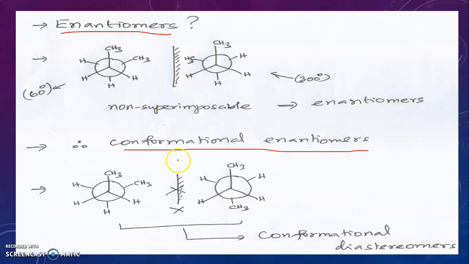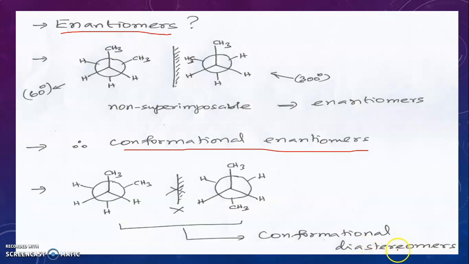Okay, then suppose I take a gauche form and an anti conformation. If you compare these two structures, they do not have a mirror image relationship. So these two conformations are called conformational diastereomers. You know very well, enantiomers have a mirror image relationship but are non-superimposable.